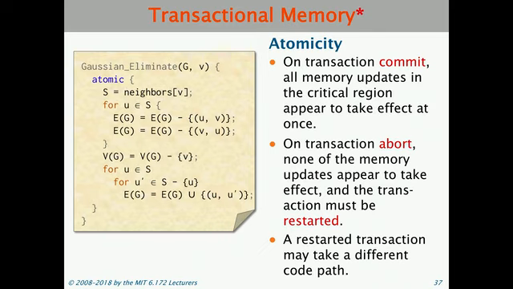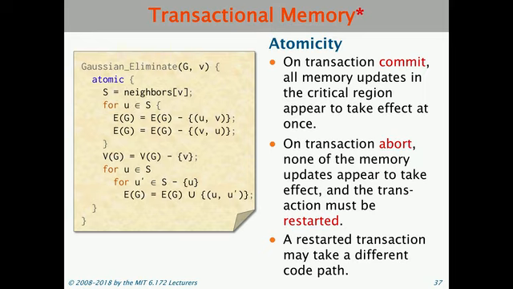Now let me get rid of the element V, and now for all of the neighbors of U, let us add in the edge between the pairs of neighbors. That's basically what it's doing. And I'd like to just say, hey, that's atomic.